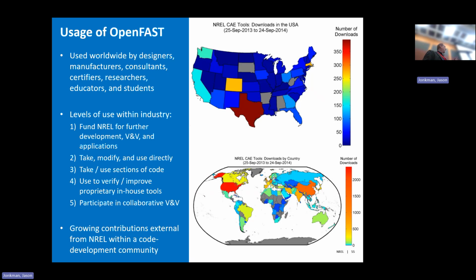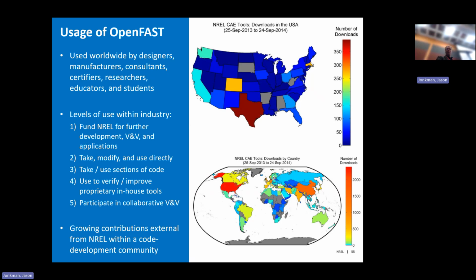For the industry users, I would say there's 5 levels. Level 1 is where people come to NREL and say, we want to add this feature, or we want to validate that. So we actually have a lot of collaborations directly with industry supporting them on the tool.